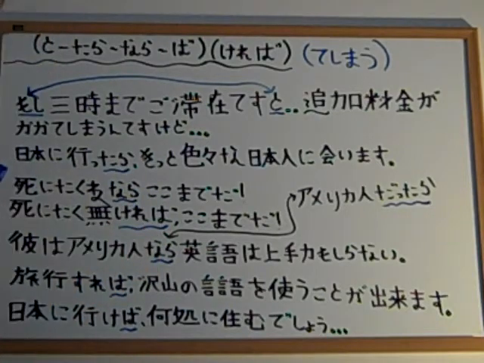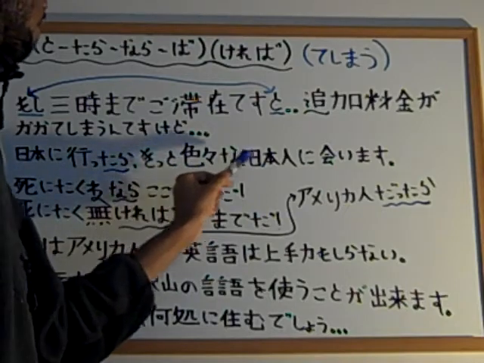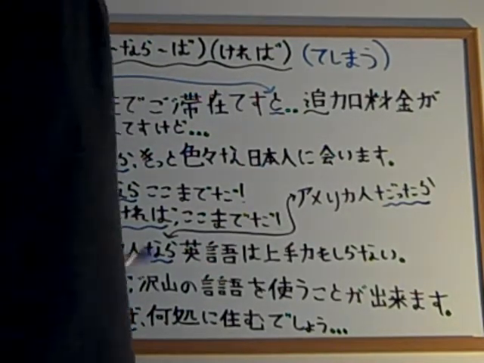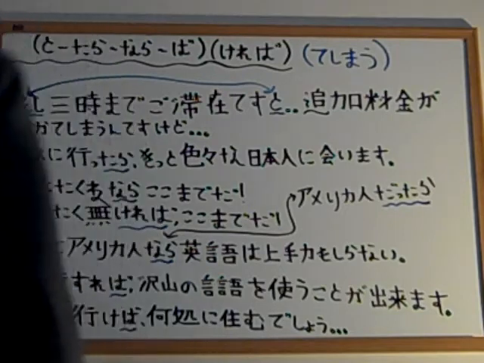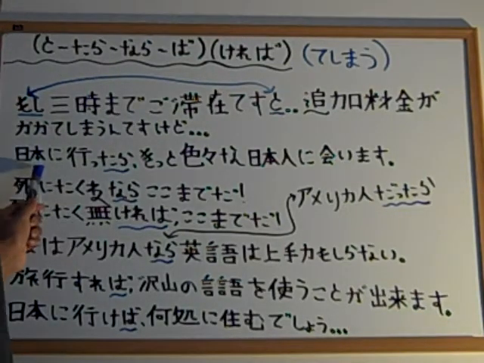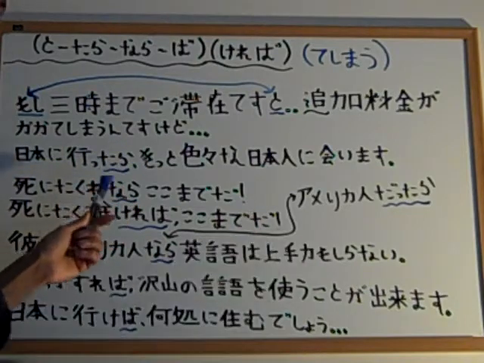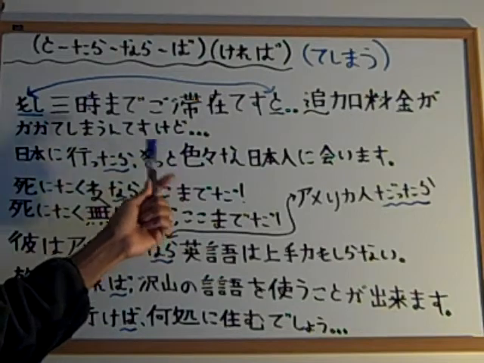Okay, so here, this example: Nihon ni itara, kitto iroiro na Nihonjin ni aimasu. So Nihon ni itara, so if I go to Japan, or when I go to Japan. Kitto is for sure.